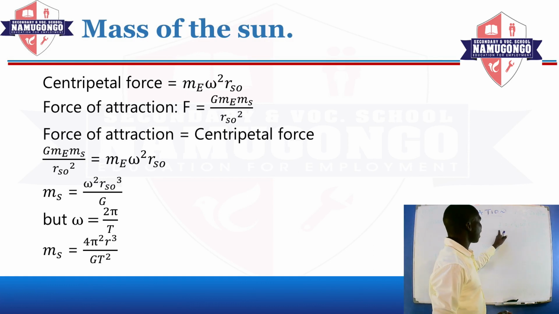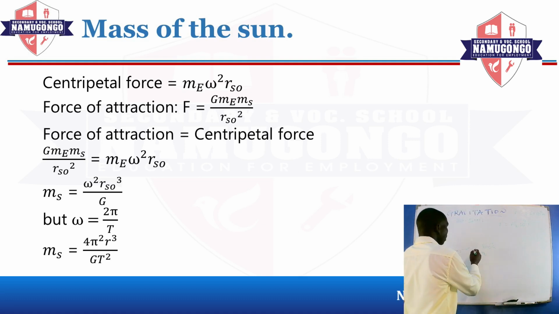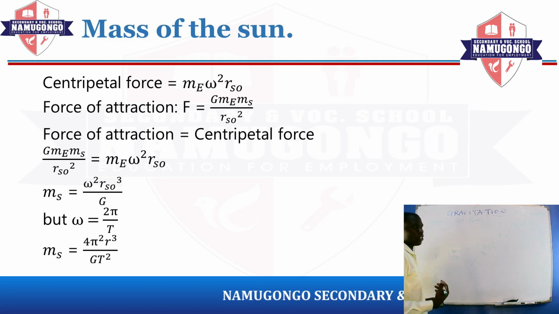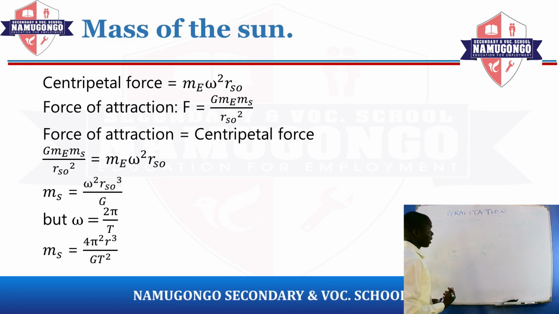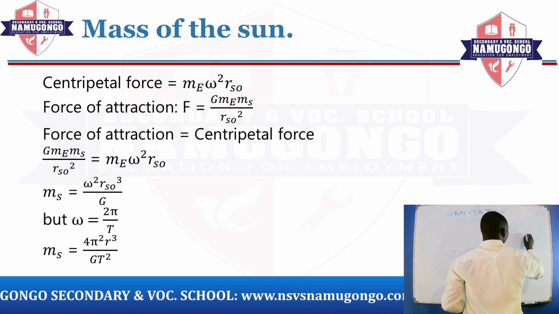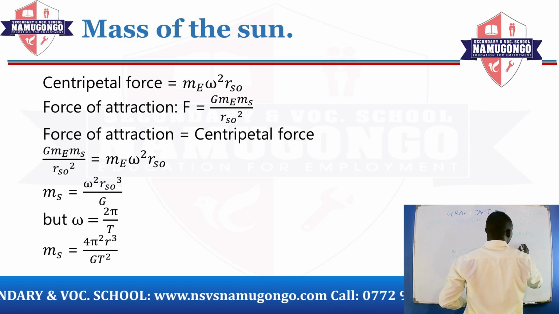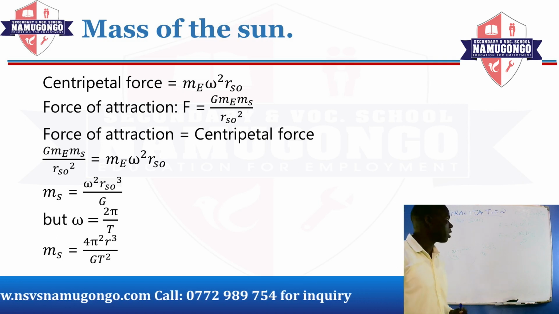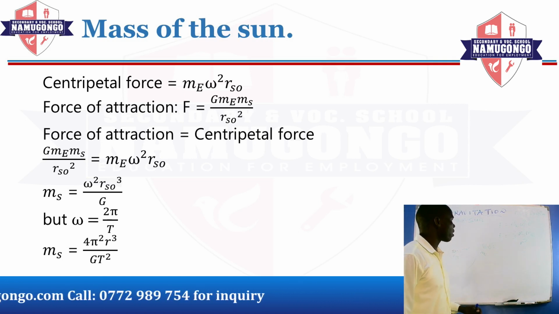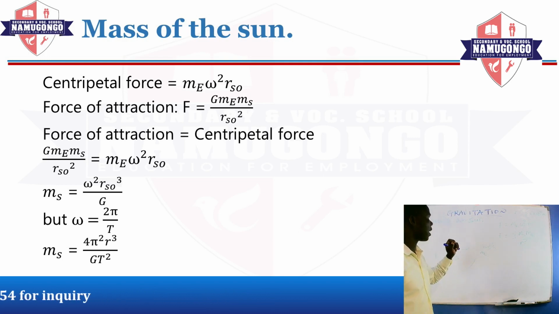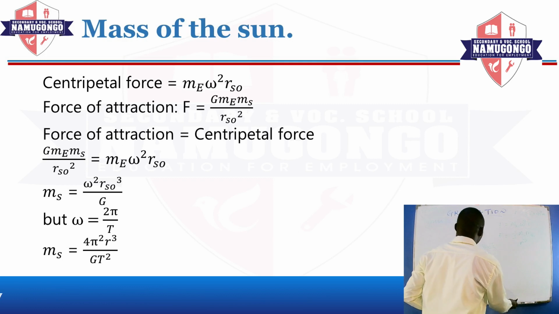We have looked at how to come up with this centripetal force. Now, we shall also have the second force, which we get from Newton's law of gravitation, where we have F equals to G M_S M_E all over R squared, where M_S is the mass of the sun, M_E is the mass of the earth, G is the universal gravitational constant, and R is the radius of orbit of the earth around the sun, and that is the force.